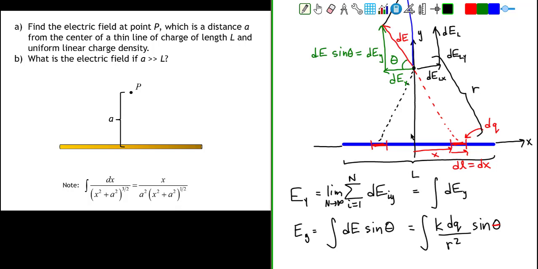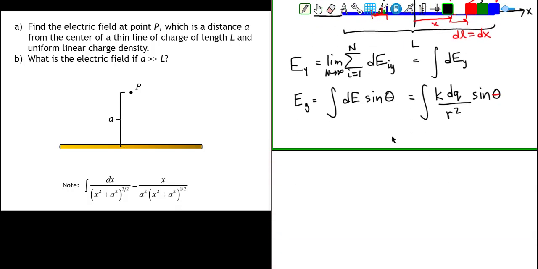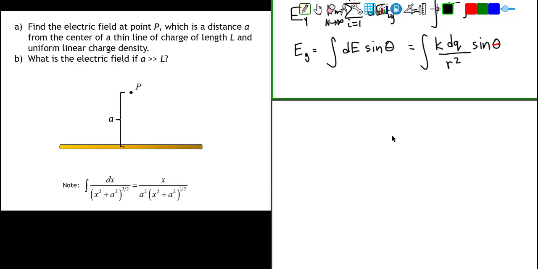So now we have a problem. We have an expression that has three different variables. The Coulomb constant k is just that, a constant, so we could write that outside of the integral. We don't have to worry about that.